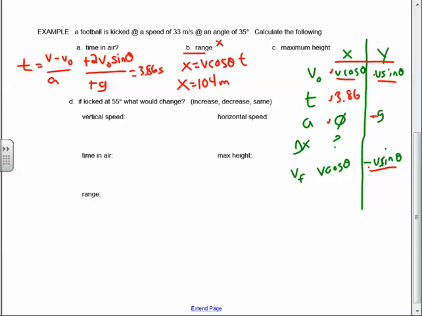And then lastly, height. That's y max. Again, we're going to go to the y column, and I can use this information. I also know that while the full time is 3.86, it's 1.43 for the half time. So that gives you two choices for equations. I'm going to base mine on not using the time and basically say at the peak the final velocity is going to be 0.